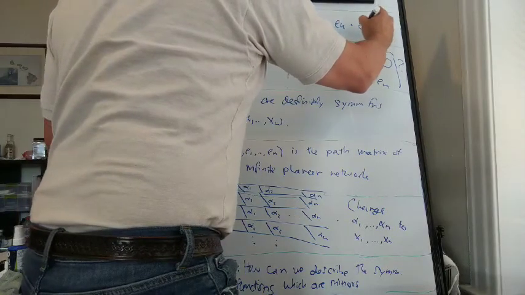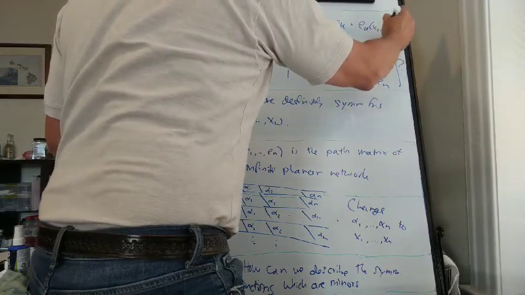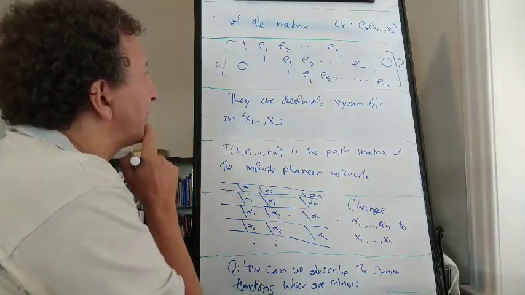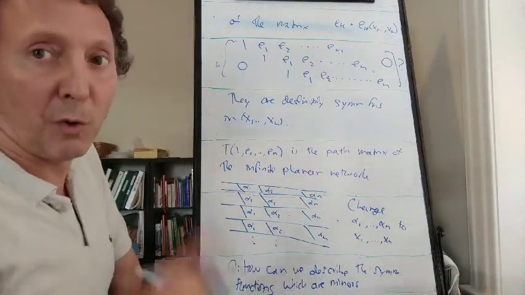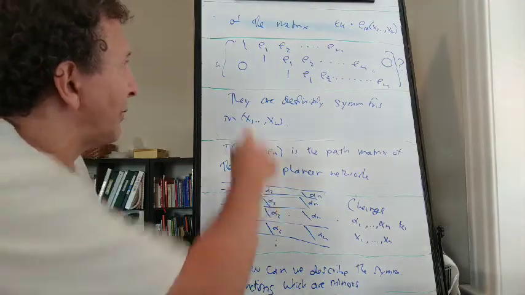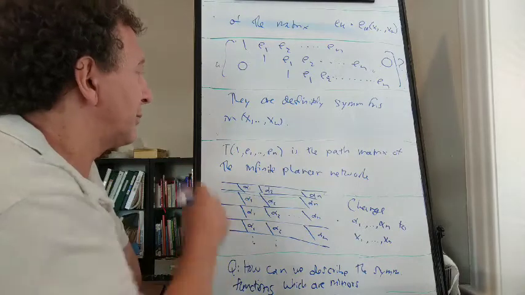So here ek is ek of x1 through xn. So definitely symmetric functions, because when you multiply two symmetric functions you get another, and when you add two symmetric functions you get another. When we take determinants we're adding products.